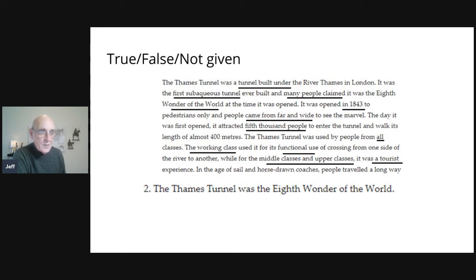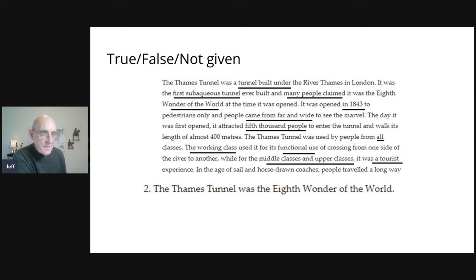So let's take a look at our passage, and we do find the eighth wonder of the world. What does the passage say about the eighth wonder of the world? We underlined it. It says many people claimed it was the eighth wonder of the world. So there's our answer.